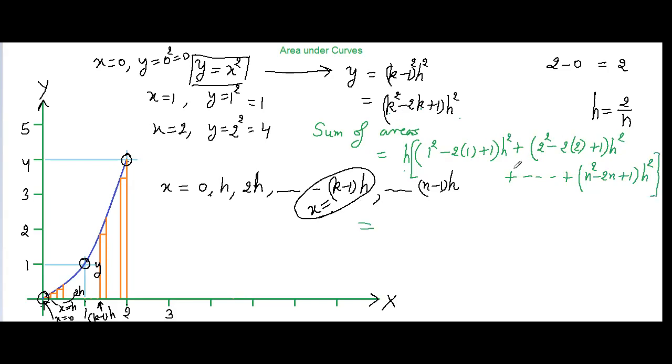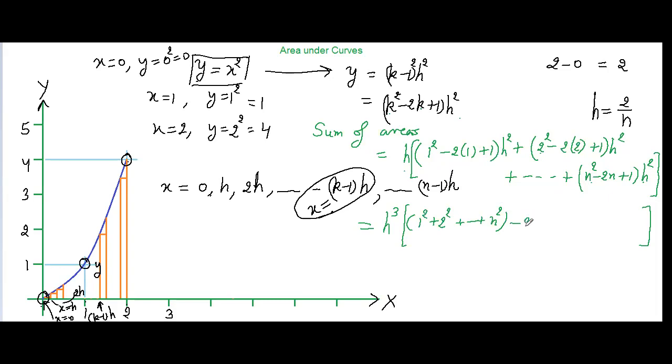All terms contain the common quantity h square also. So h square is also taken common. H into h square becomes h cube. Now I add the three kinds of numbers separately. Square numbers I add separately: 1 square plus 2 square plus up to n square. Then the terms which contain no square but the variable, like 1, 2 and so on up to n.